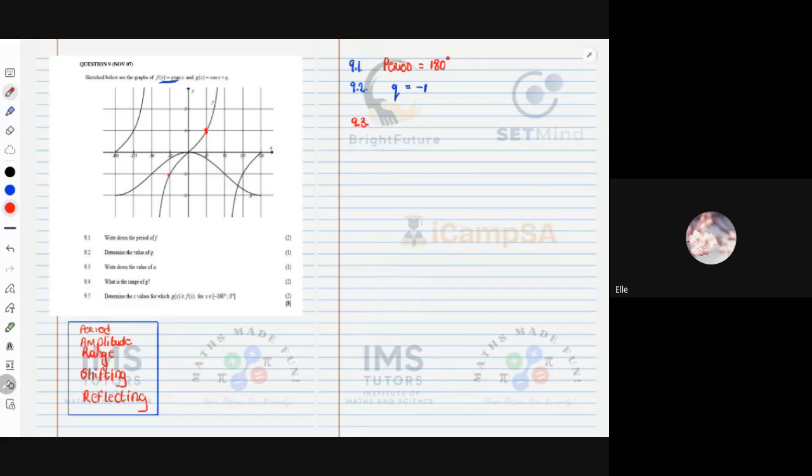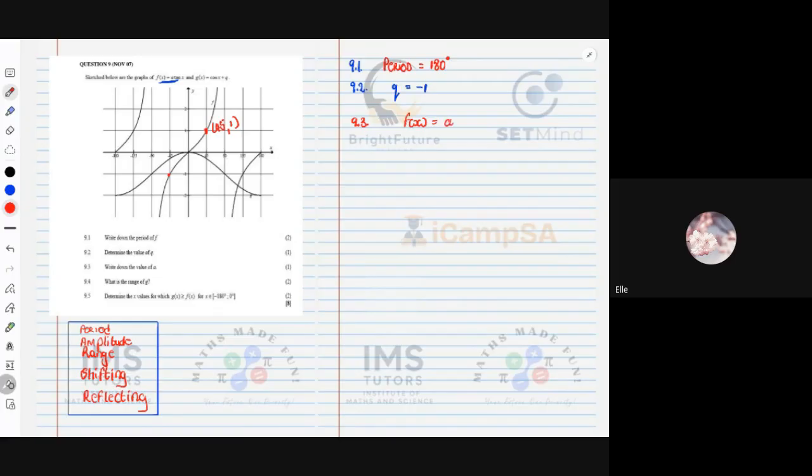Remember that we have the coordinates of what? Of 45 degrees and 1. So we can simply take these two values and substitute them into this tangent function in order to solve for a. Let's just do that.